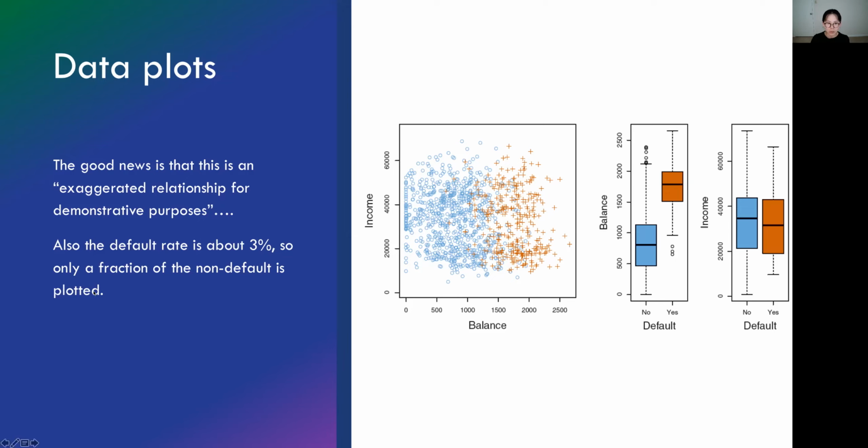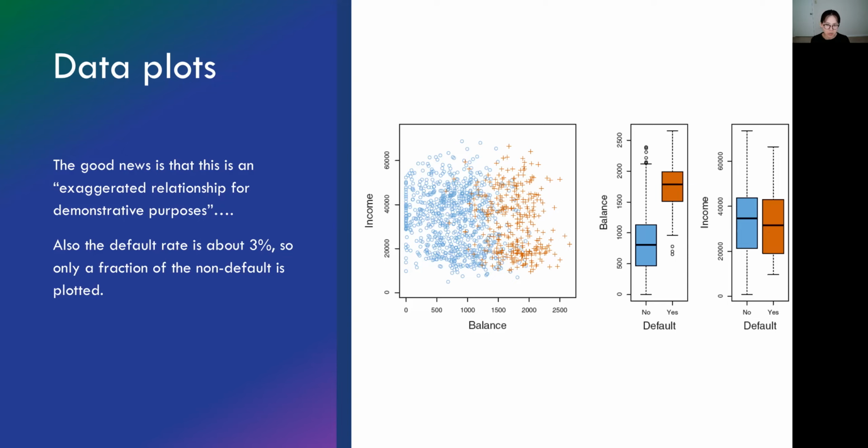In this plot, only a fraction of the non-default is plotted. This is very commonly encountered in industry, where the true cases, in our example default, are really small. For example, credit card payment defaults or fraudulent transactions: we have a very small percentage being the true default or fraudulent transaction.